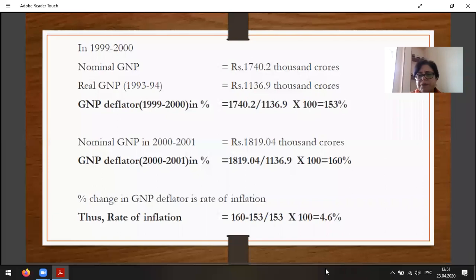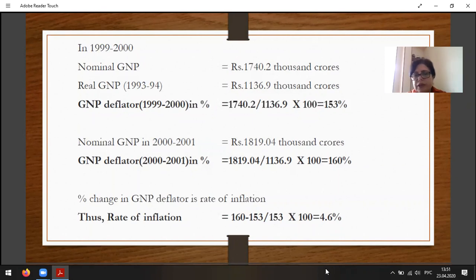Imagine that in some hypothetical country, the amount of nominal GNP, in terms of some hypothetical currency, is 1,740.2 thousand, and the amount of real GDP is at the level of 1,136.9 thousand.